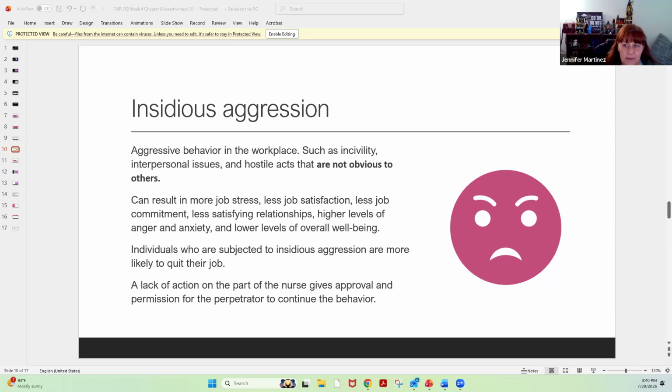The problem with any type of aggression is that it results in job stress, less job satisfaction, less job commitment, less satisfying relationships, higher levels of anger and anxiety, and lower levels of overall well-being. And if you are the target of insidious aggression, you're more likely to quit your job because nobody wants to stay somewhere where they feel uncomfortable, where they feel threatened.